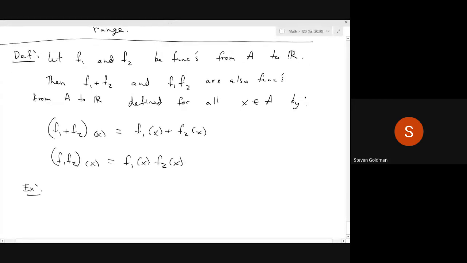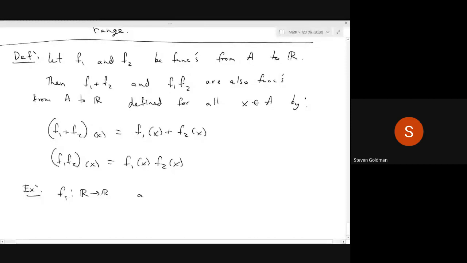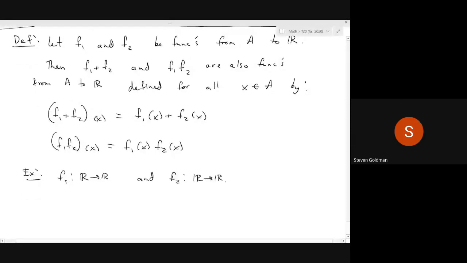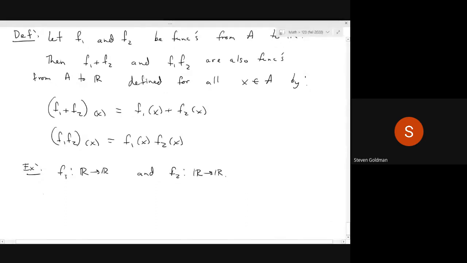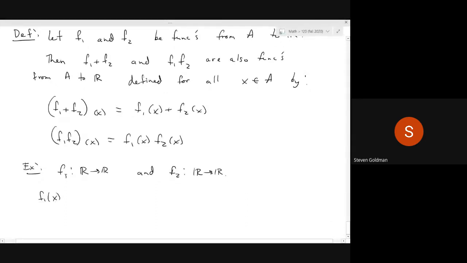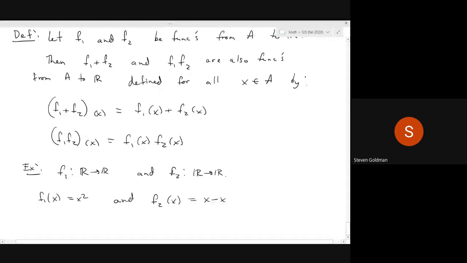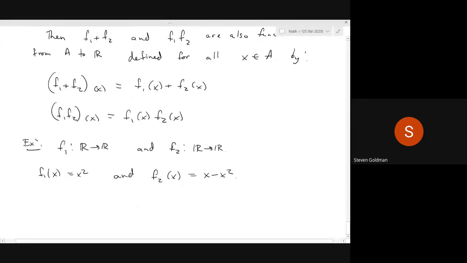So, for example, let's say f1 is a function from the set of real numbers to the set of real numbers, and f2 is also a function from R to R. f1 of x, let's say, is equal to x squared, and let's say f2 of x is equal to x minus x squared. What is their sum and what is their product?